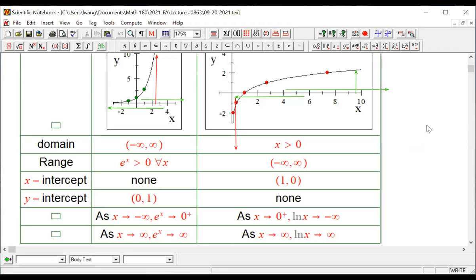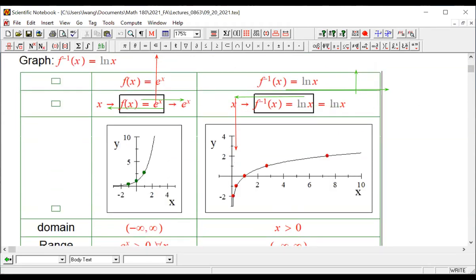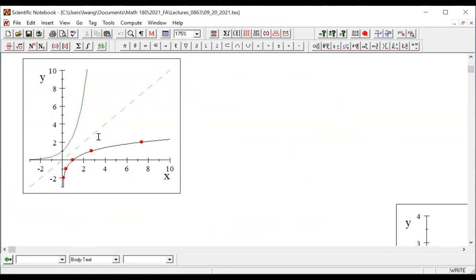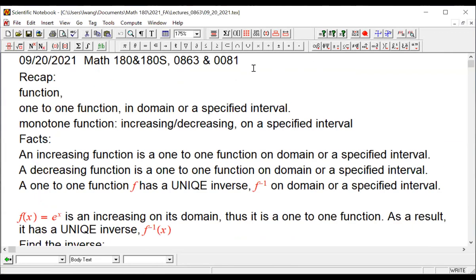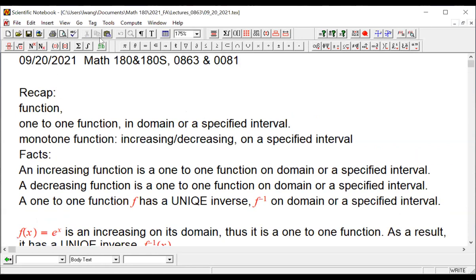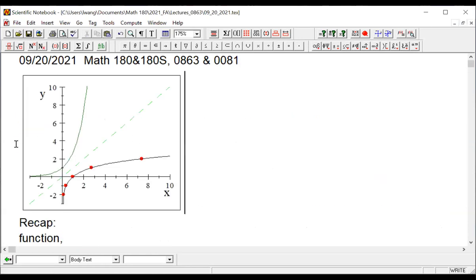Now we have these two pictures together. Let me clean up this mess. I'm going to bring this picture to the top. Have we done something similar with 2 to the power x and log base 2 of x?